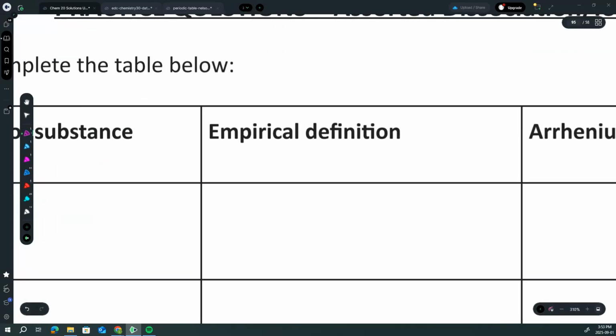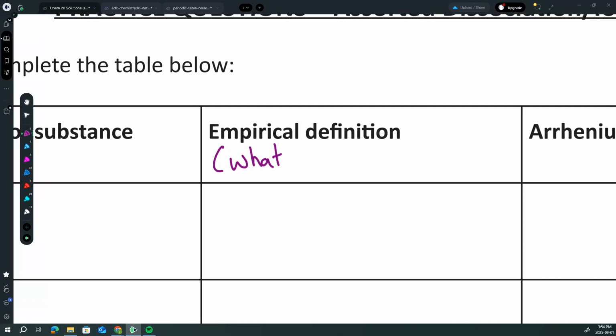So empirical definitions, that's just like, okay, what can we see that they do? Or what can you detect with your 5 senses that acids, bases, neutral substances can do?